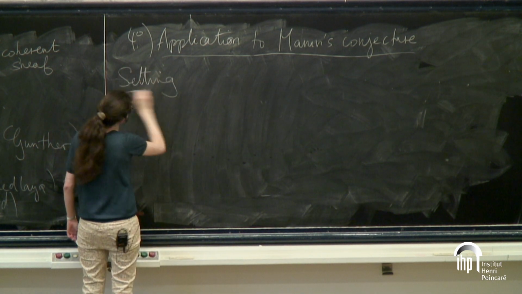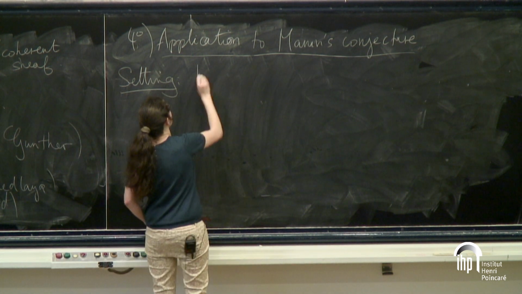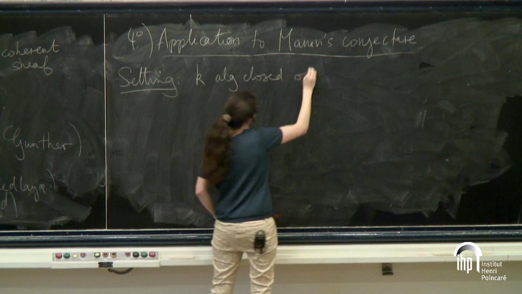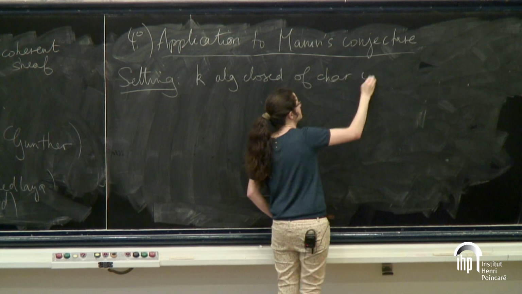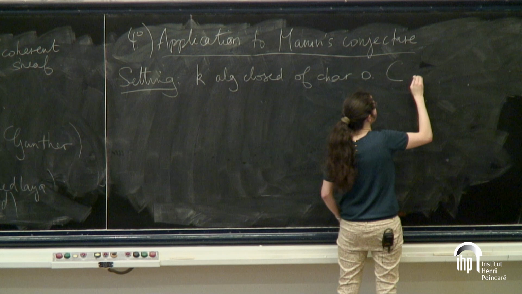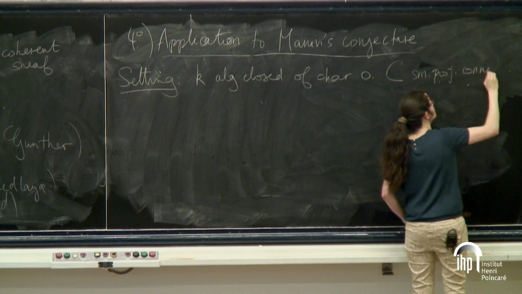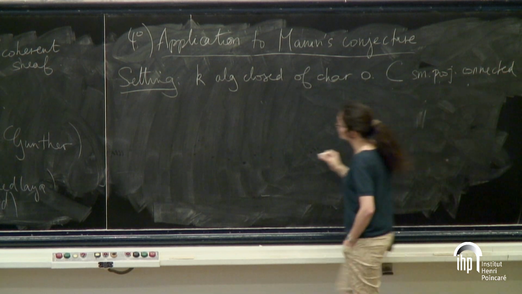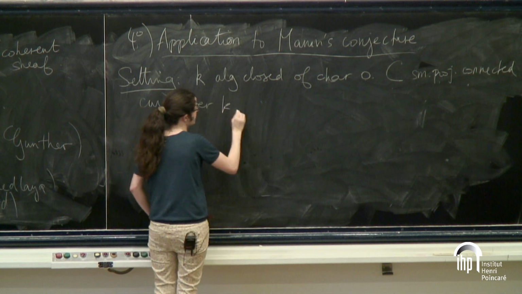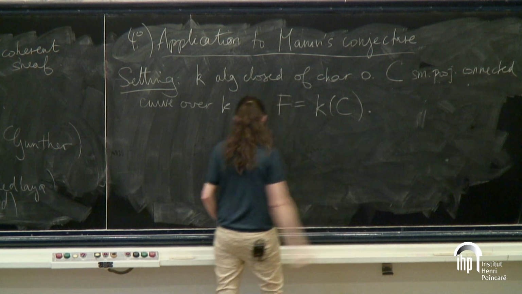Okay, so there's a pretty lengthy geometric setting, which I'm going to give now. So the base field K here is algebraically closed of characteristic 0. C is a smooth projective connected curve over K. I denote by F its function field.